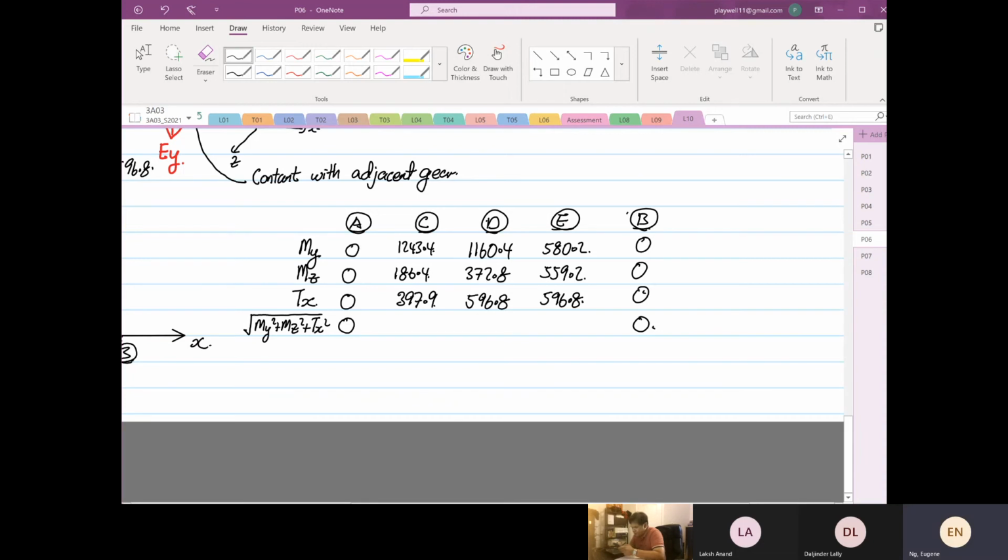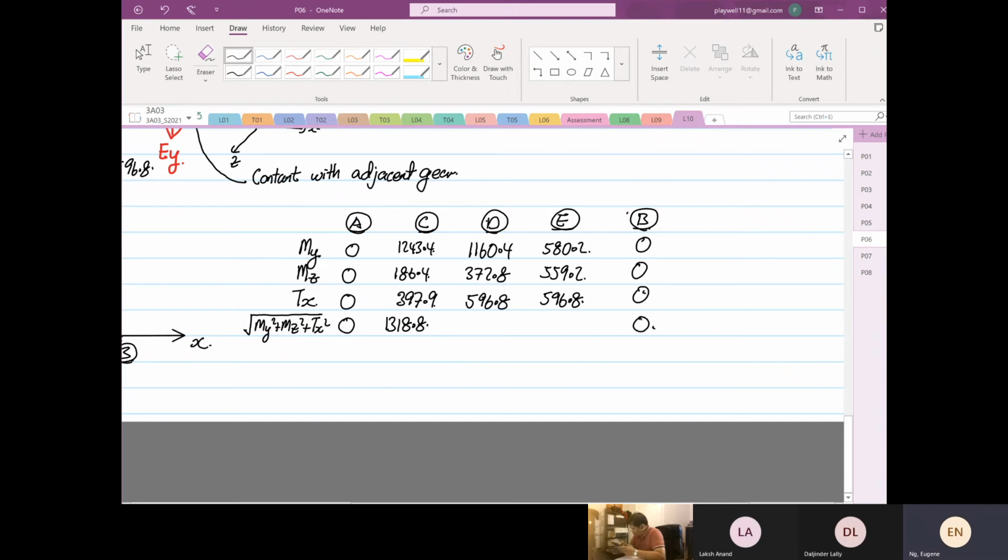Then the whole thing square root is 1318.8. Let me do it again. 1243.4 squared plus 186.4 squared plus 397.9 squared.